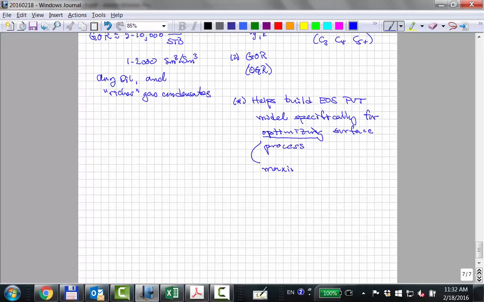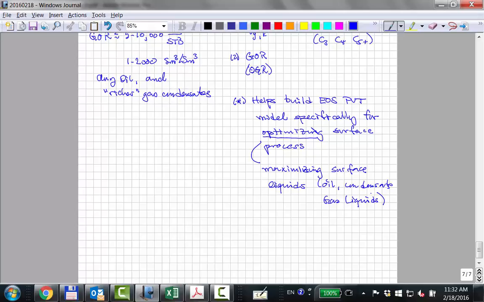Maximizing surface liquids. Oil, condensate, gas liquids. Okay? Propane, butane, etc.